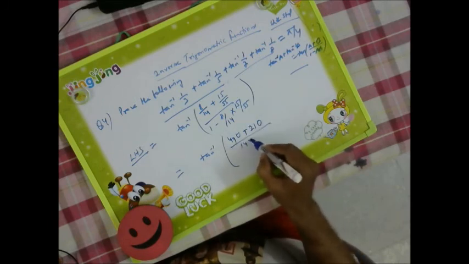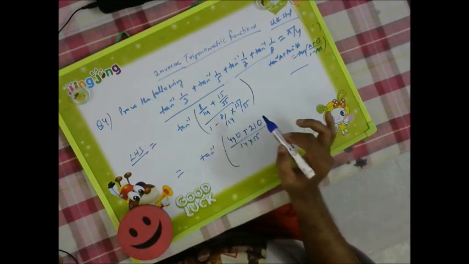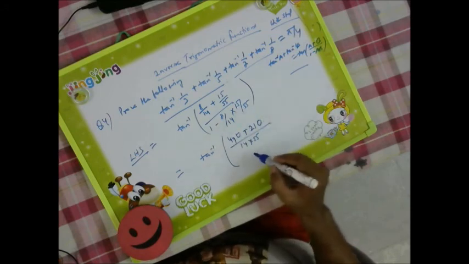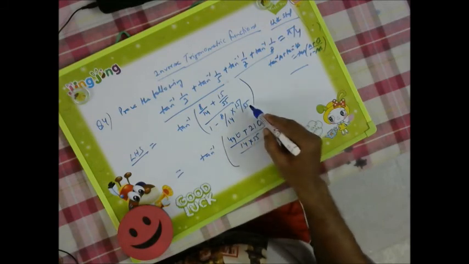So it is 14 into 55 in the denominator. Why am I doing that? Again, here also at the bottom 14 into 55 will come, divided by 14 into 55.